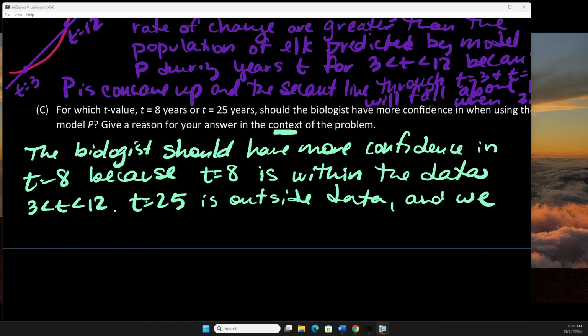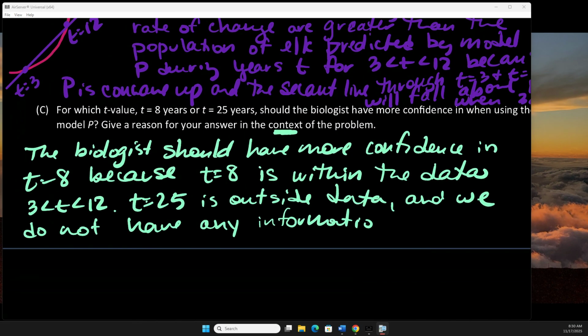And we do not have any information about the change in population of elk.